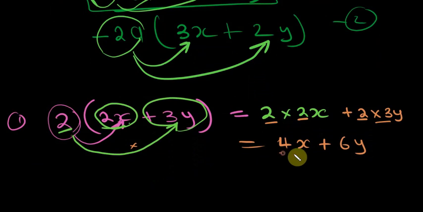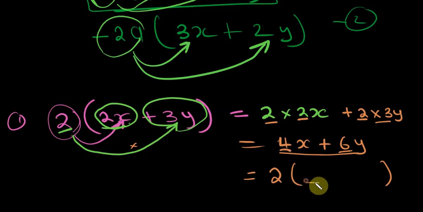If we factorize this, we'll end up having 2 multiplied by 2x and 3y. So if we want to factorize this, we just look at what is the highest common factor of 4 and 6. In this case it's 2. So say 2 into 4x and 6y.